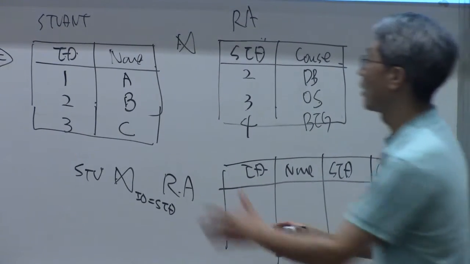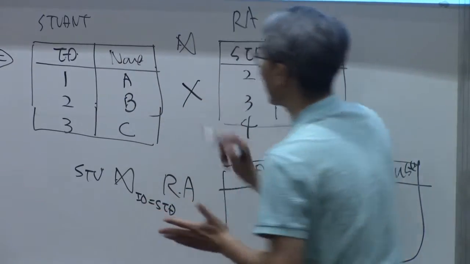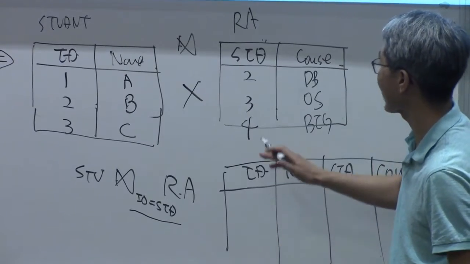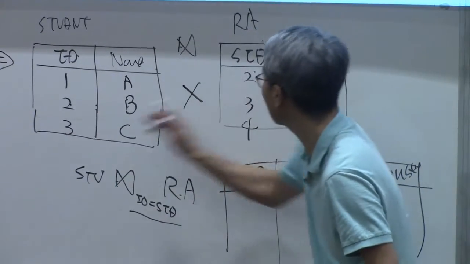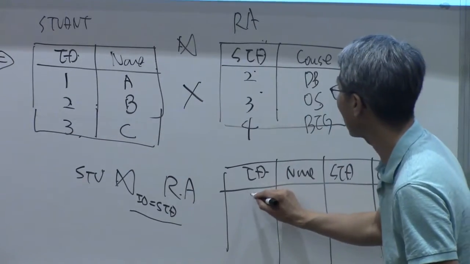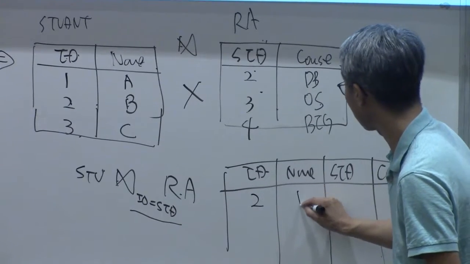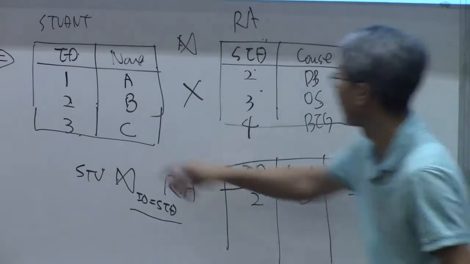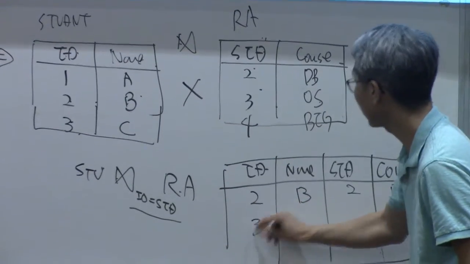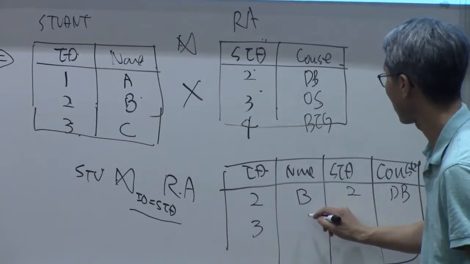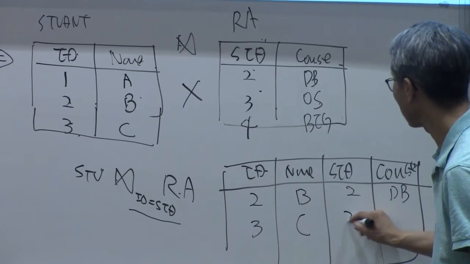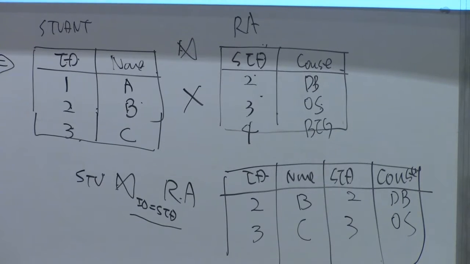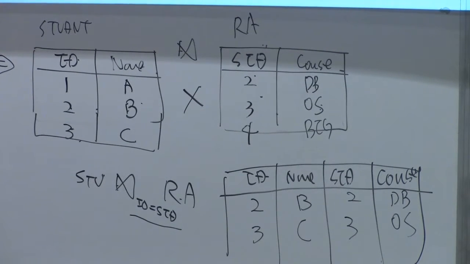From all the combinations, we'd like to get only ID equal to SID, which means 2, 2, 3, 3. So ID is 2, name is B, SID is 2, so D. And the 3, that's 3 C and 3 4 S. Only 2 tuples will be returned, right? So there might be no problem.